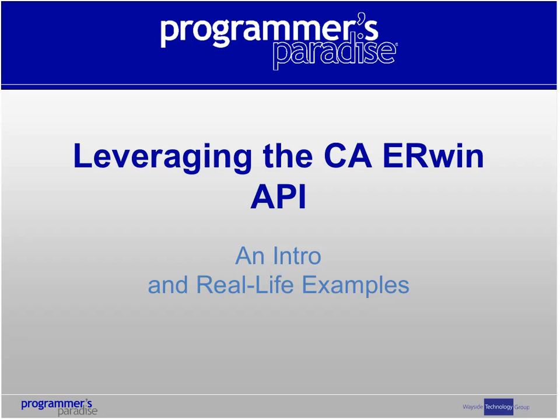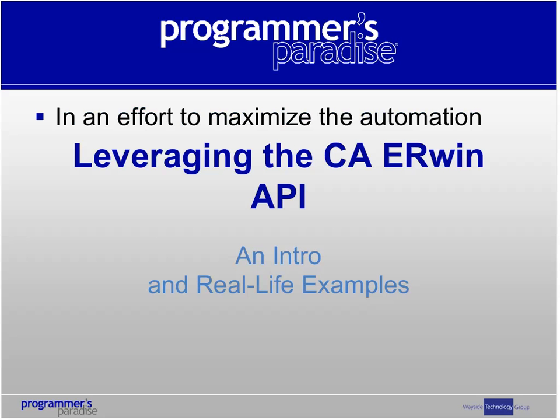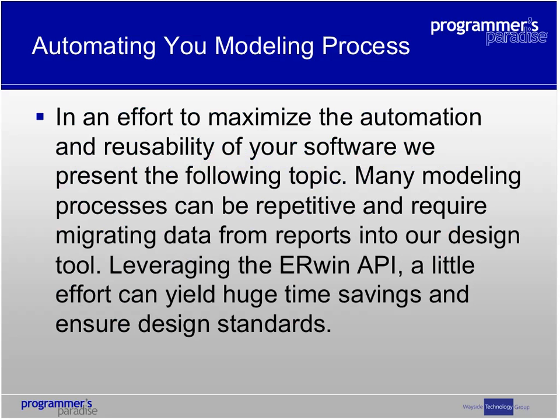The presentation today is going to cover the API and how we leverage that to maximize the data modeling process. The API is going to allow us the ability of automating some processes within our design environment and pushing out those best practices to our users.